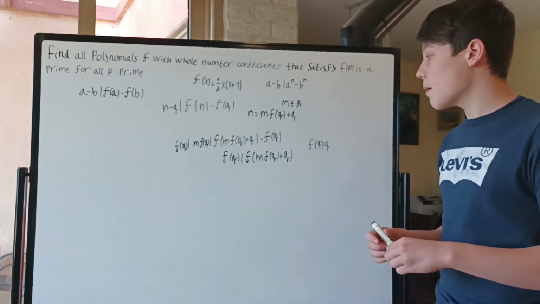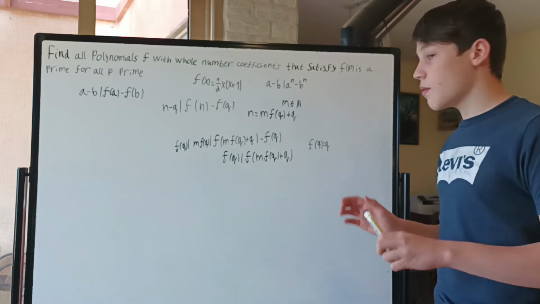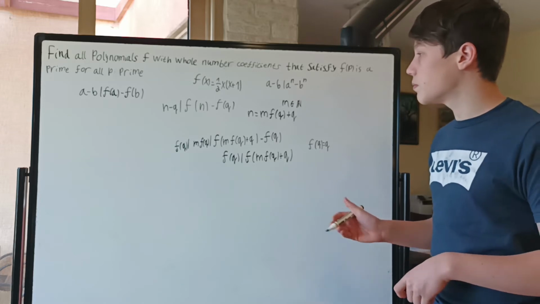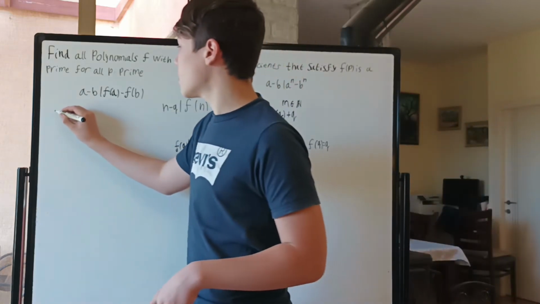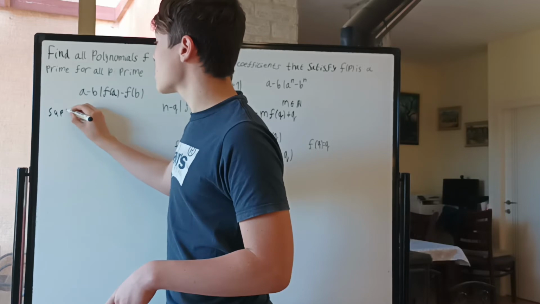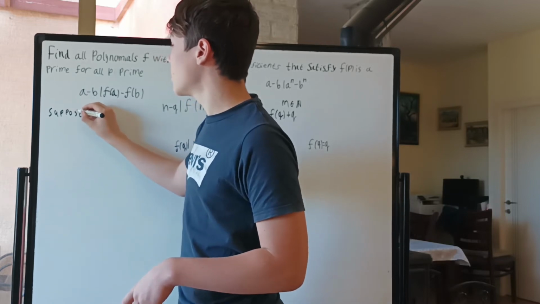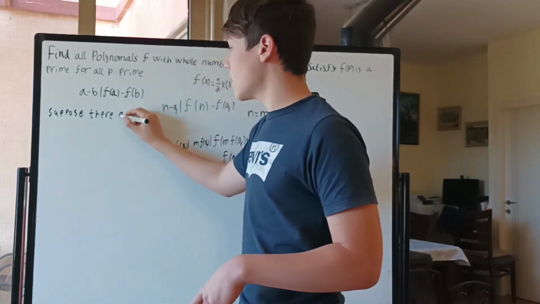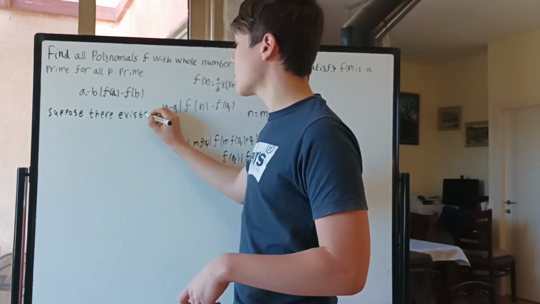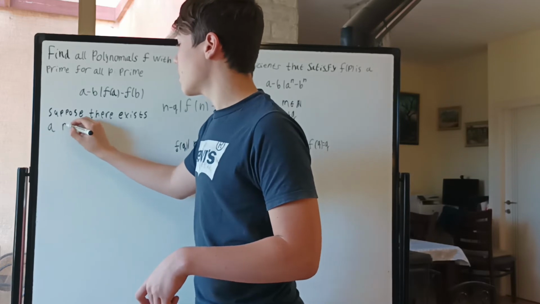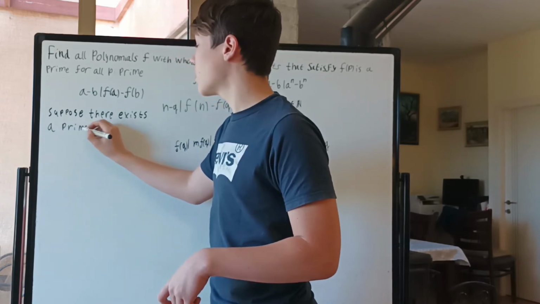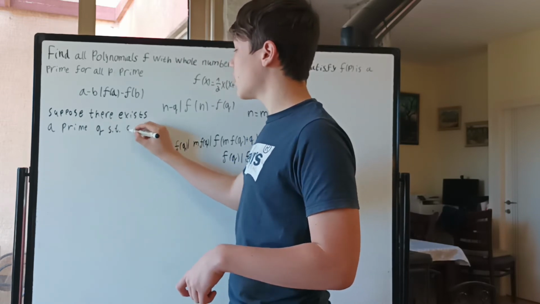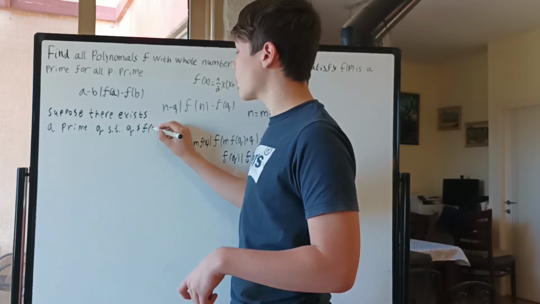So, but let's assume that there exists a prime q. So now let's suppose there exists a prime q such that q is not equal to f of q.